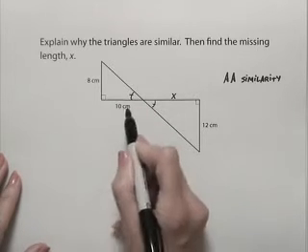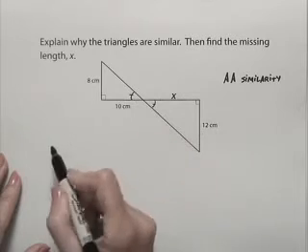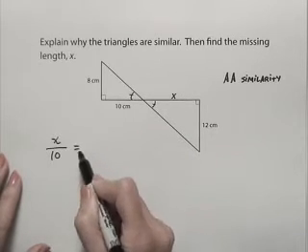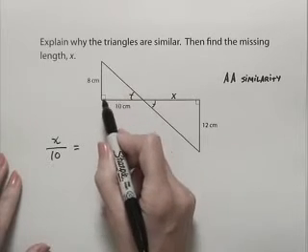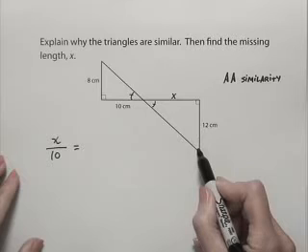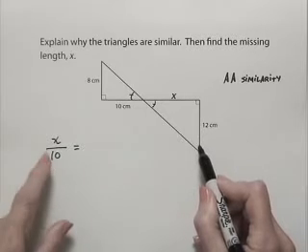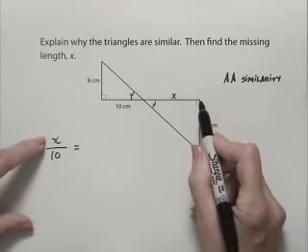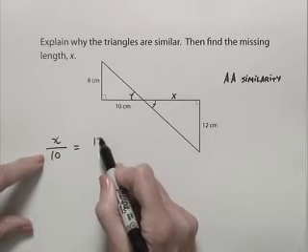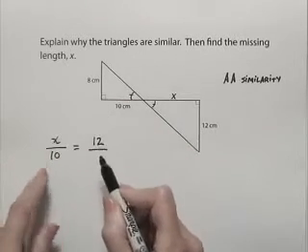So I can see that those would be corresponding parts. x is to 10. So I have x is to 10 as my other two values that are given in the triangle are both between the right angle and the angle that's not marked. And so I go from the triangle on the right to the triangle on the left, and here, from the triangle on the right, the 12, to the triangle on the left, the 8.